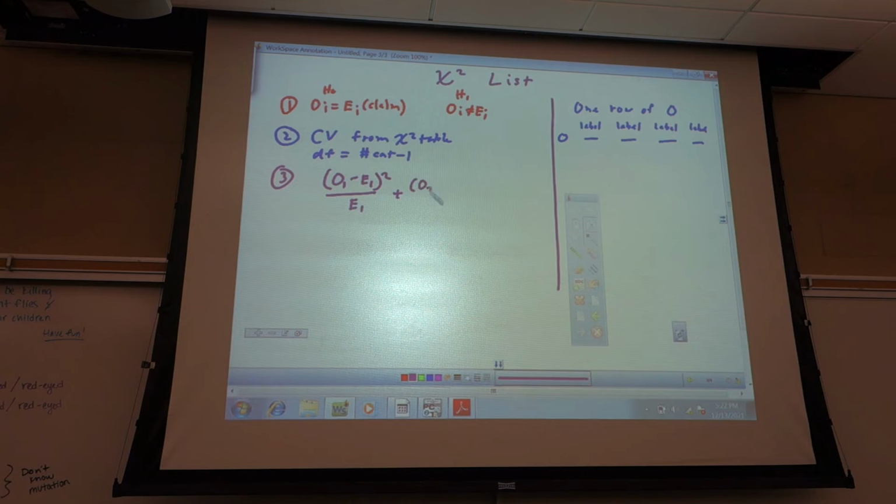Do it for the second category. This is my test stat. For every category, right? So the first category, O1 minus E1 squared divided by E1. Second category, O2 minus E2 squared divided by E2, and so forth. And you do have to write those out. I need you to write out those amounts of numbers in them. You know where they come from? Okay.